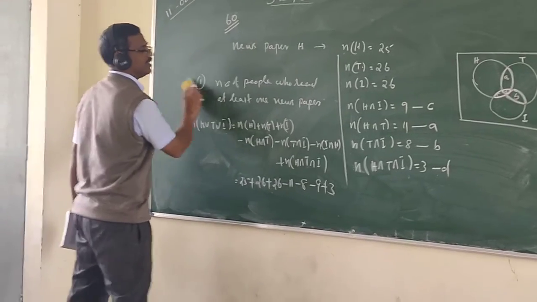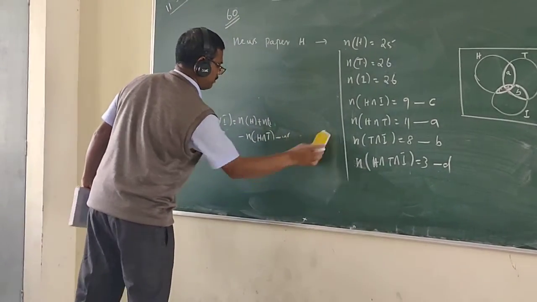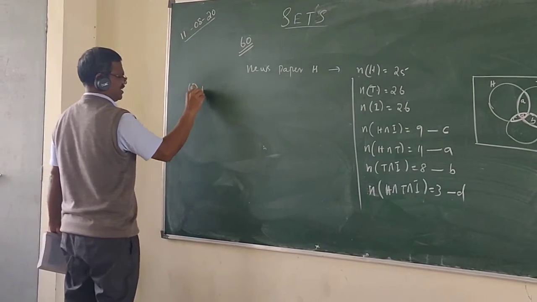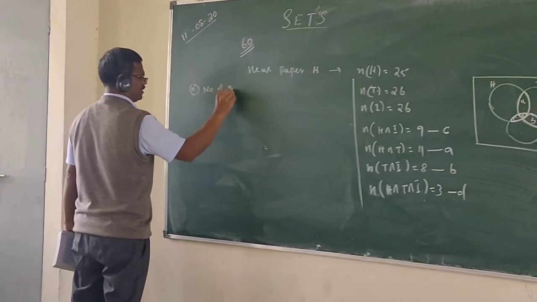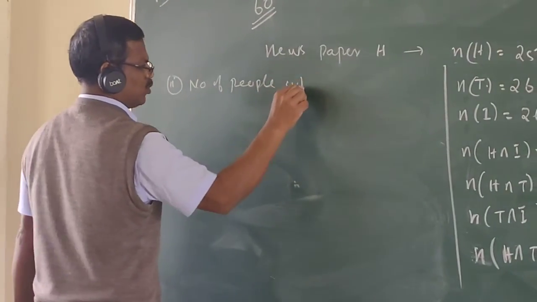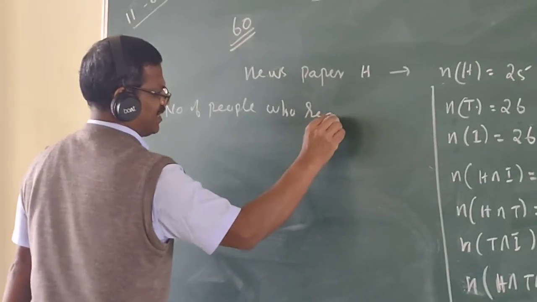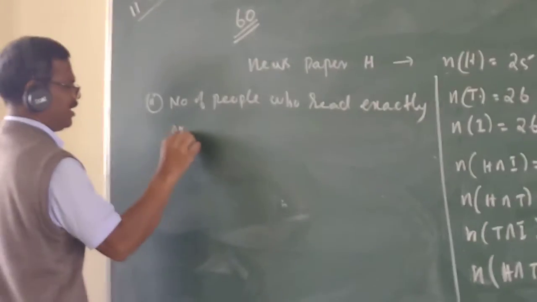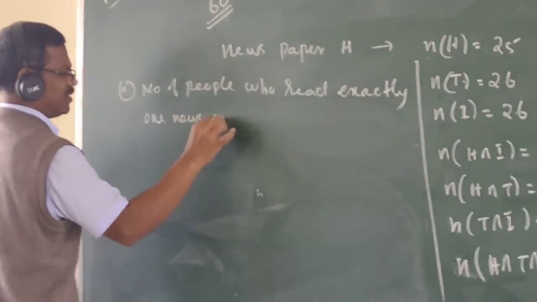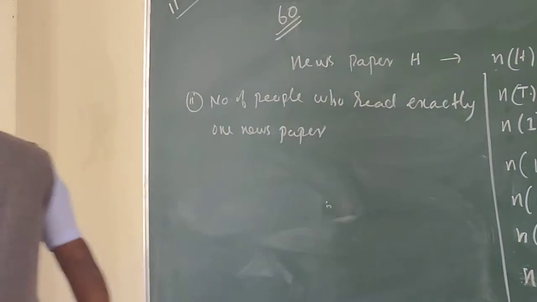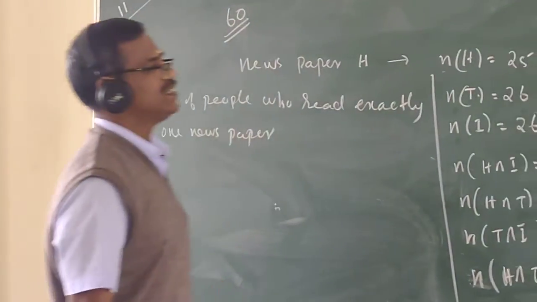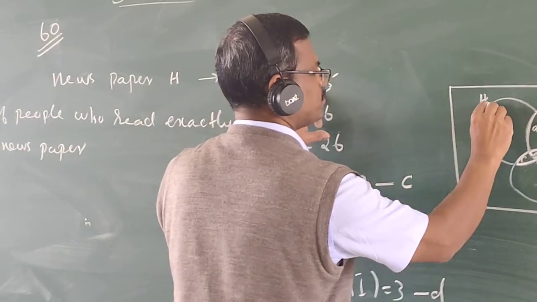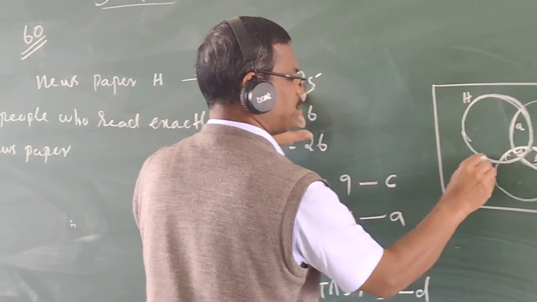You can complete the simplification for the first part. Here, you have 25 people who read Hindu.